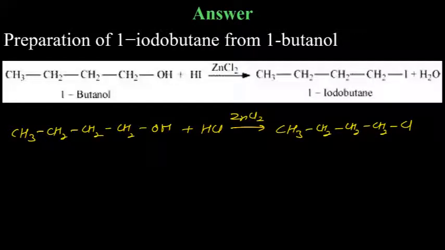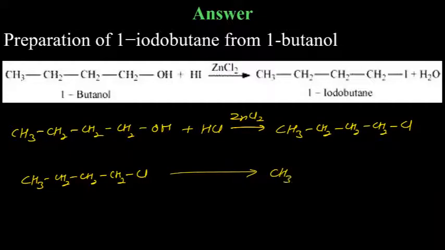And then you convert this butyl chloride to butyl iodide. Tell me what is the name of this reaction. Second step.